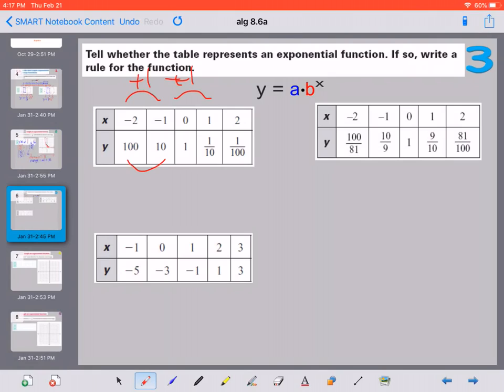What it's actually being is multiplied by 1/10. So our rule for this one then would be y equals 1 times (1/10) to the power x.